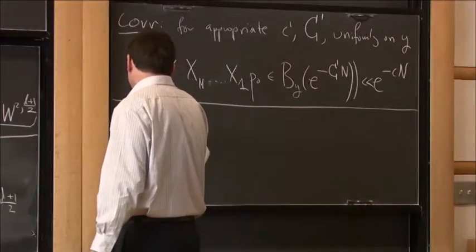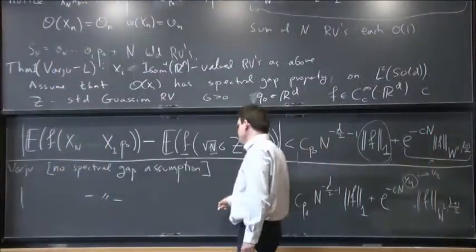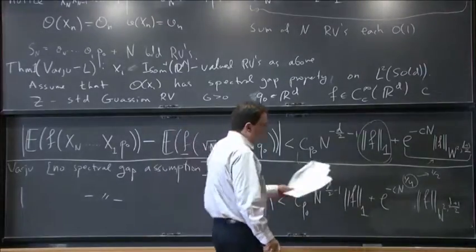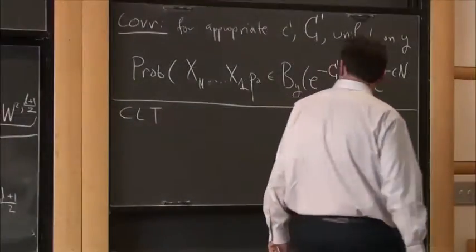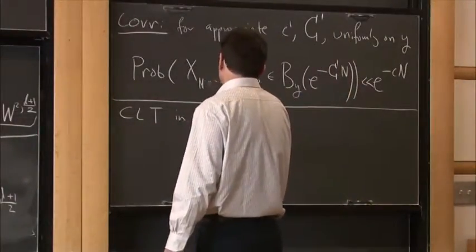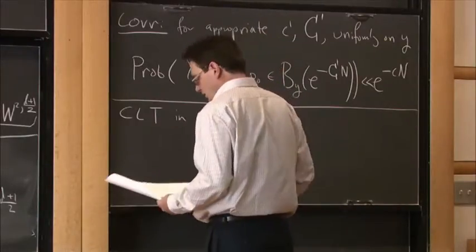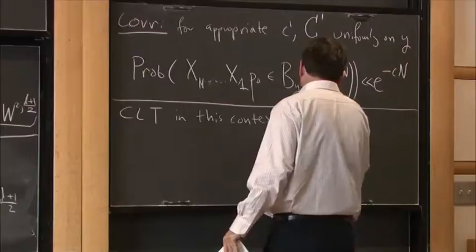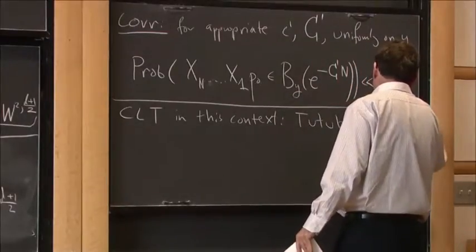So a central limit theorem, which of course this implies, but in a quantitative way, a central limit theorem in this context is due to Bourgain from 67.